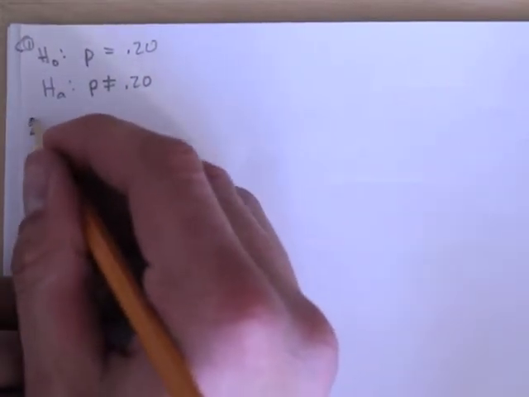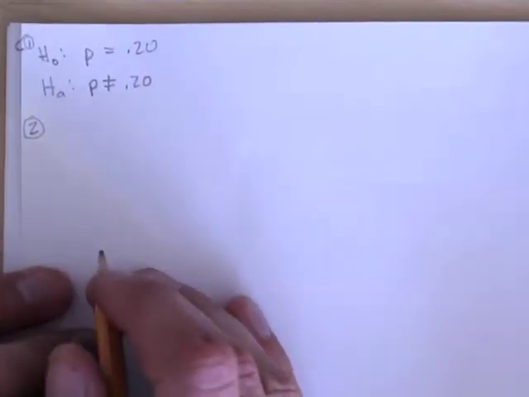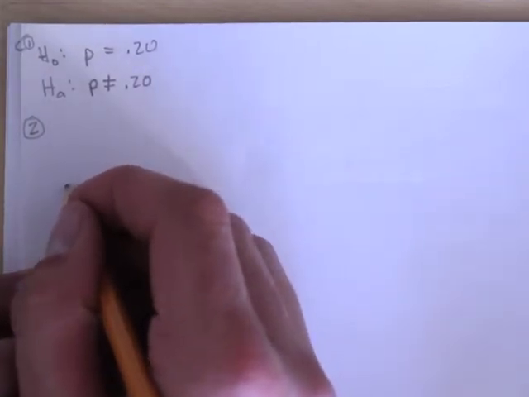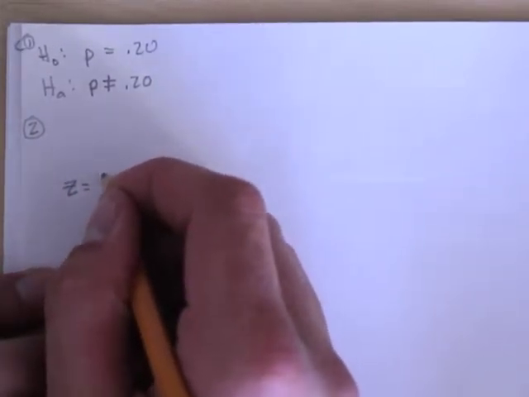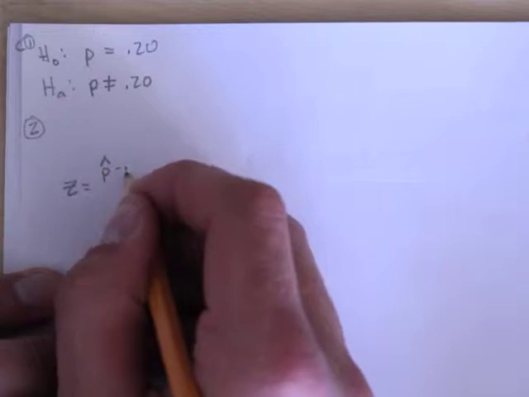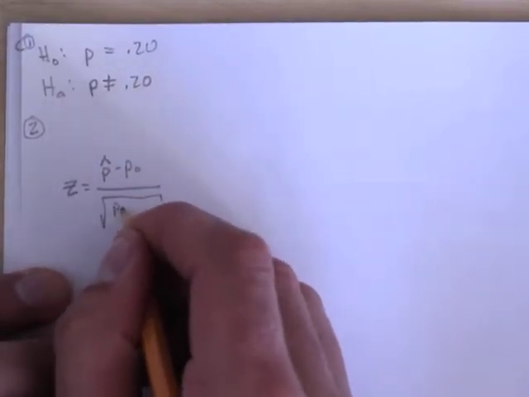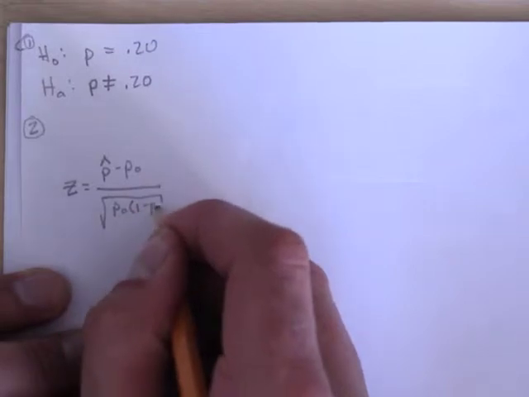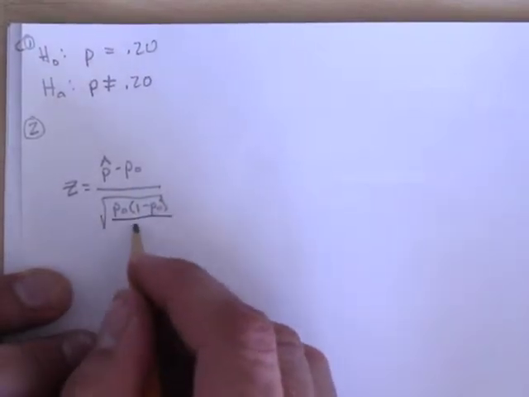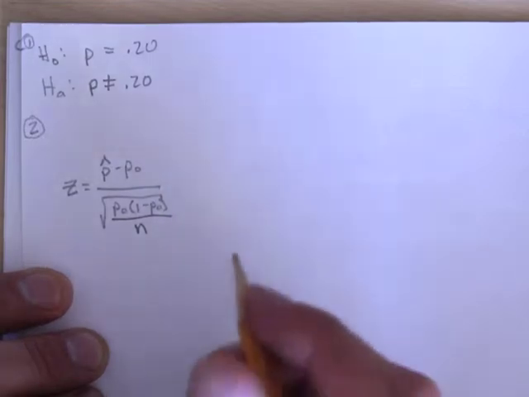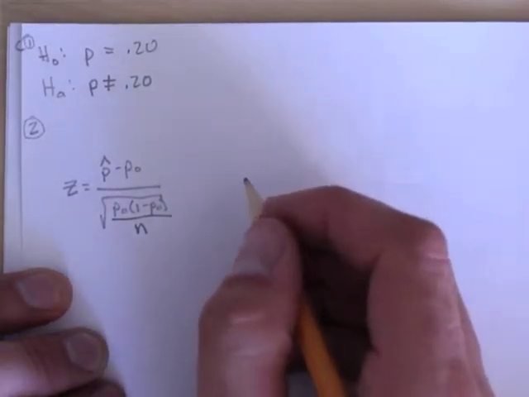So then the second step is we're going to need to use the formula z is equal to p hat minus p0 all over the square root of p0 times 1 minus p0 all over the sample size. So in order to plug that in, what I want to do is just write down the values we've got.